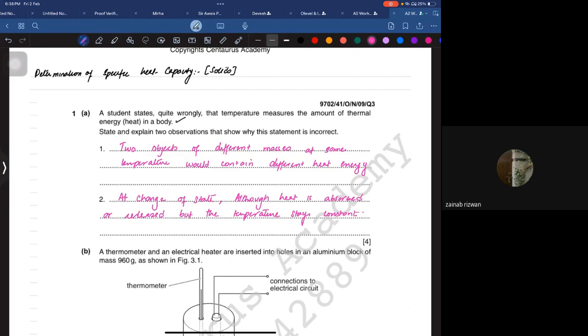So that's why you can see that obviously you're putting in heat, but temperature is not changing. So yeah, that's fine. If you have any questions here, please let me know, so I can help you out there.